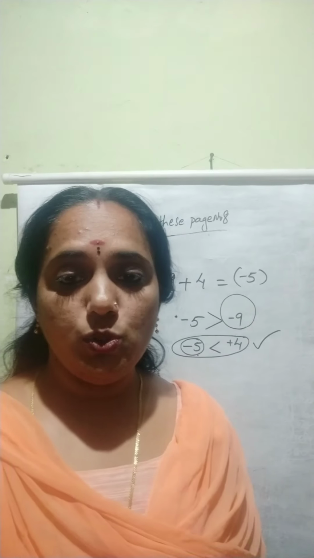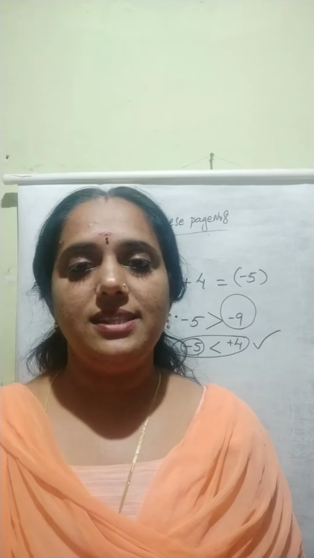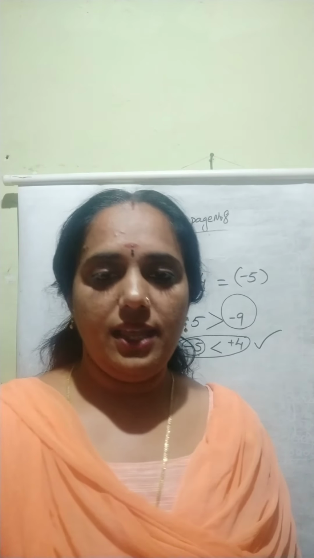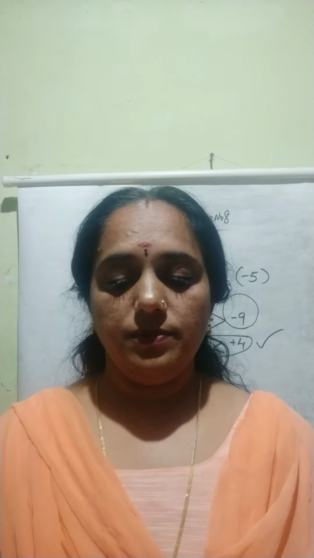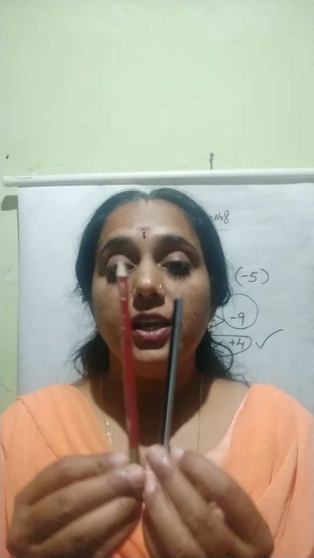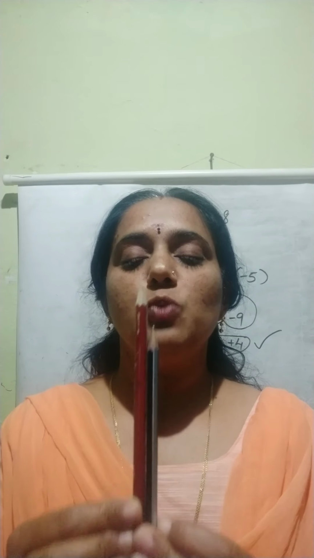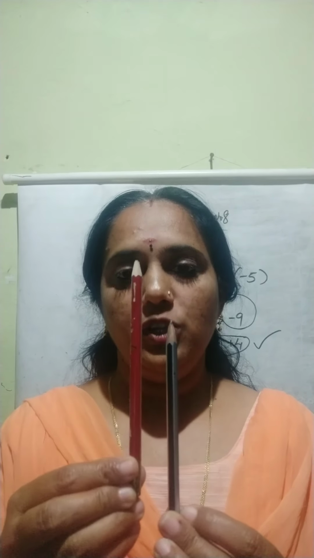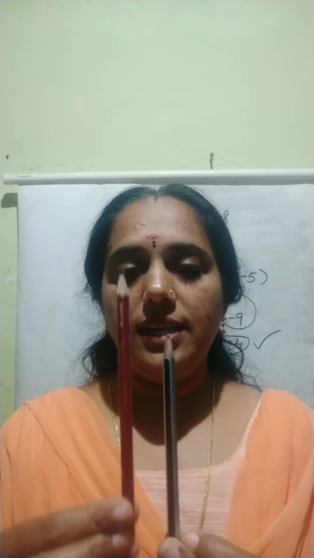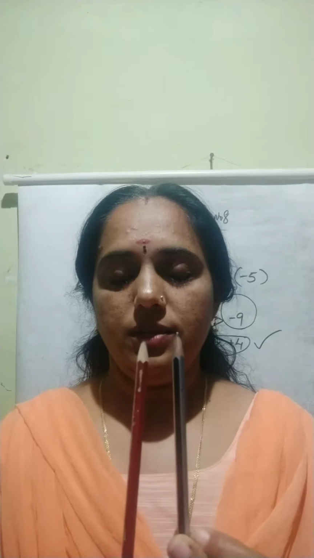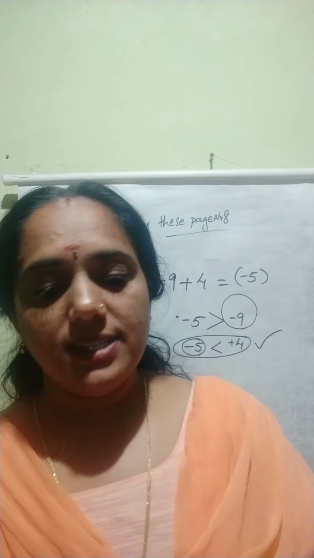You have two pencils. One should be less than another one. That means here two pencils. One is smaller than another one. So we can say this is greater than this one. Automatically this action will be there. So if we are considering 3 pens, I have removed the lid of these 3 pens.